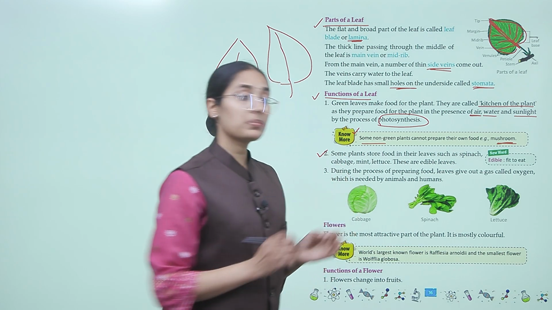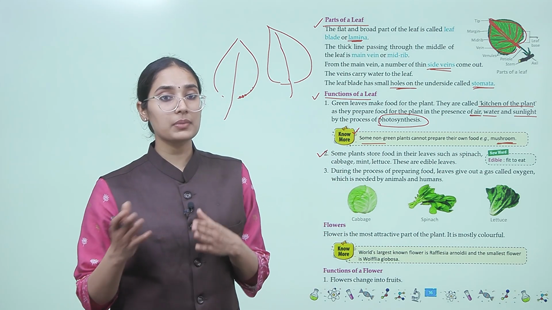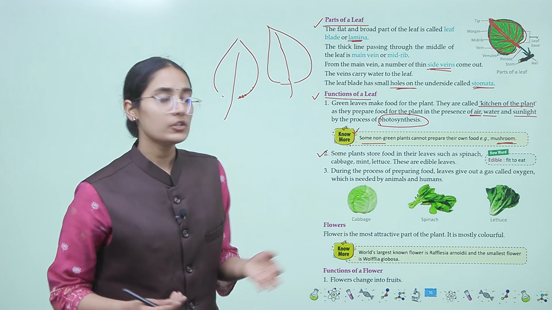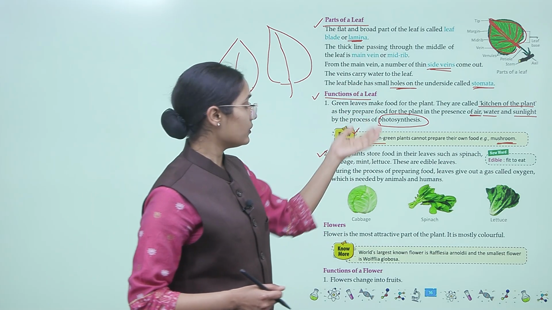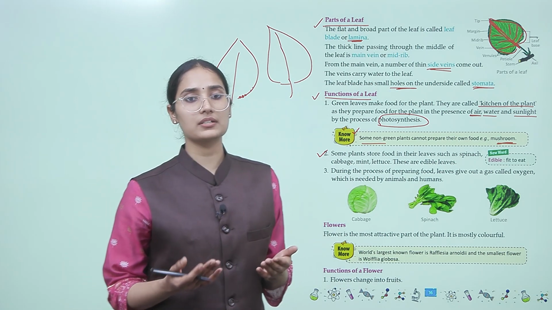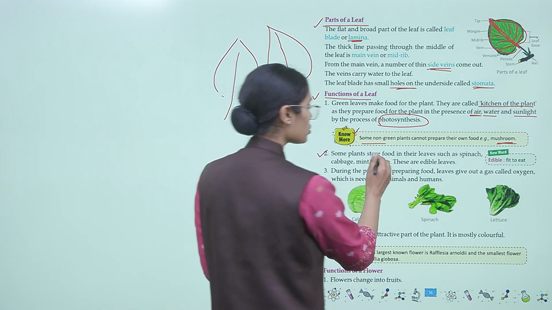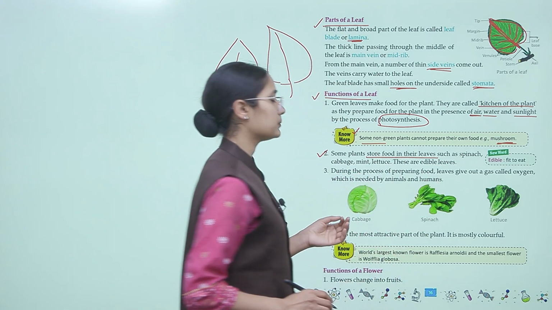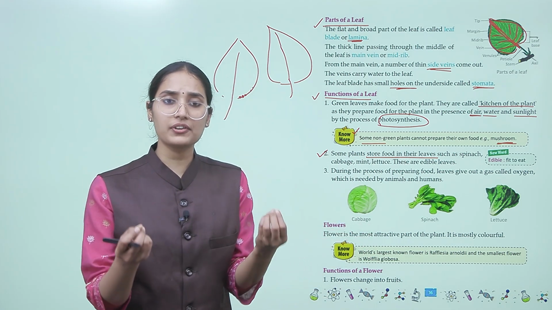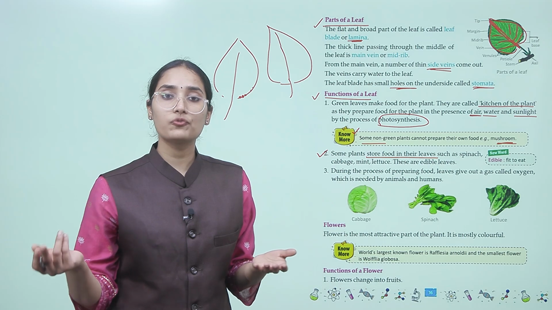Next is, some plants store food in their leaves such as spinach, cabbage, mint, lettuce. These are called edible leaves. So the leaves of some plants also provide us with nutrients. So what does it mean to store food in their leaves, right? Do they have something different if we are talking about food?